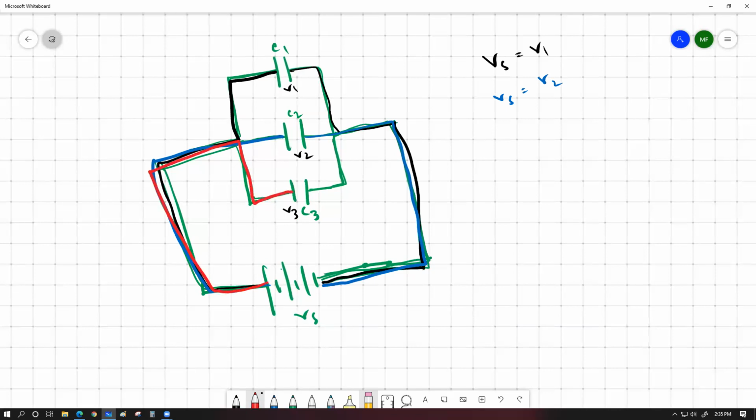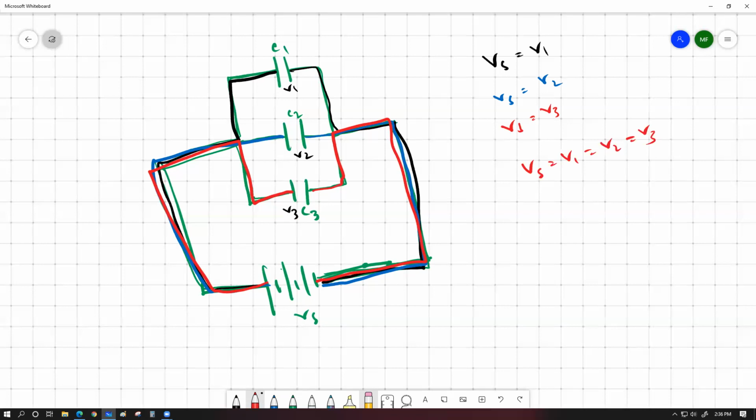So this is V3 and this goes on up here and comes back down over here. So Vs equals to V3. So basically what I'm trying to say is, for a parallel combination, all the capacitors' voltages would be exactly equal to each other and equal to the source voltage as well. So Vs equals V1 equals V2 equals V3. So voltage সবার জন্য same হবে.